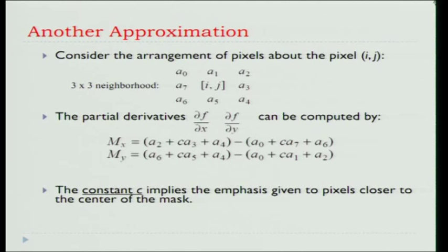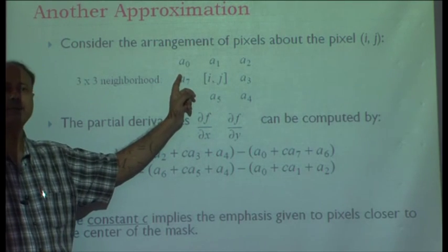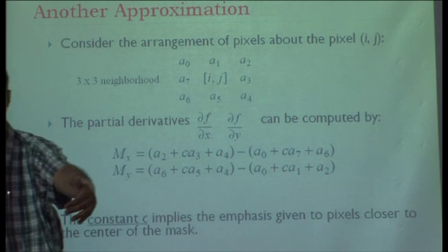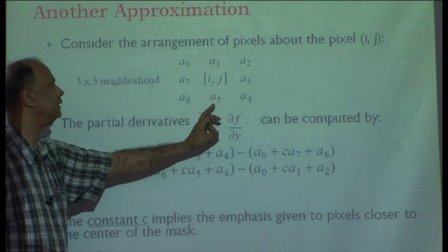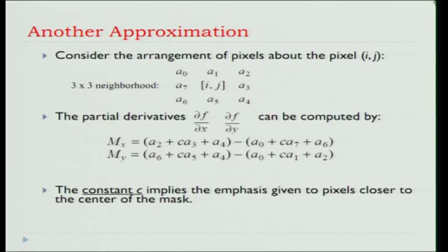Why the same constant? It is expected that if there is a constant weight you are giving here on this intensity, the same weight, because there is only one pixel distance, the change will not be very large or significant. So, the same constant will be there, right. Similarly, in this direction also, we are giving the same constant. Now, as I change the value C, what does it indicate?